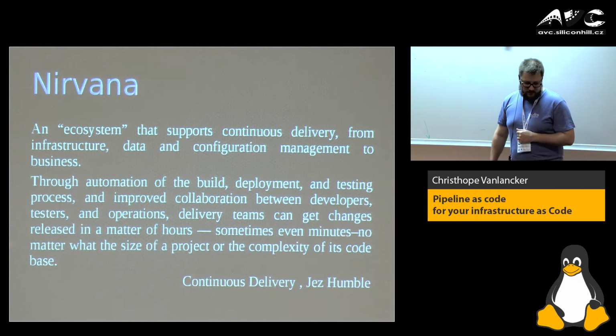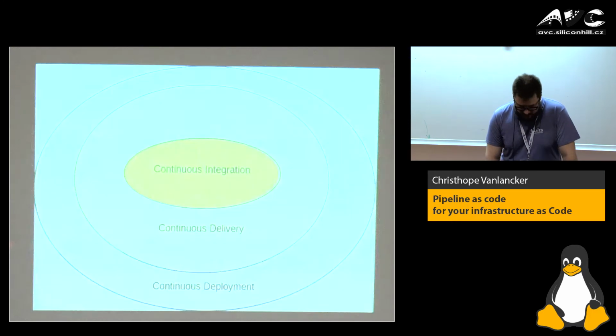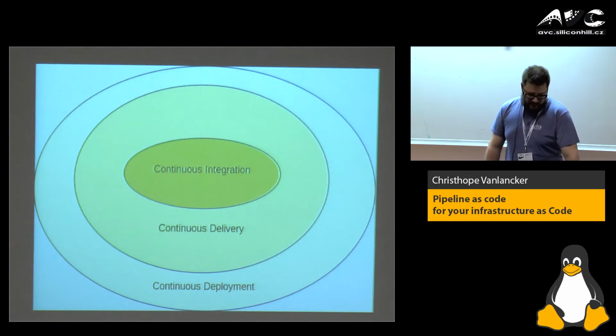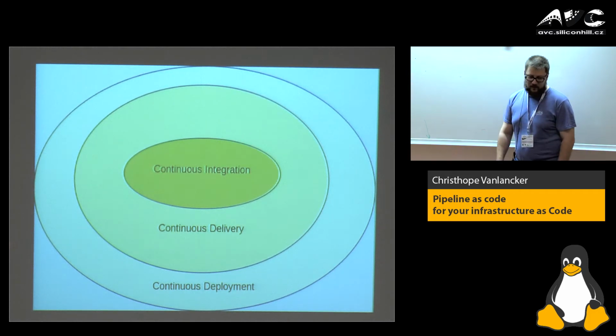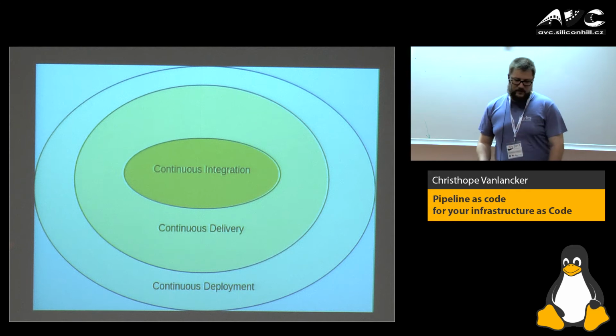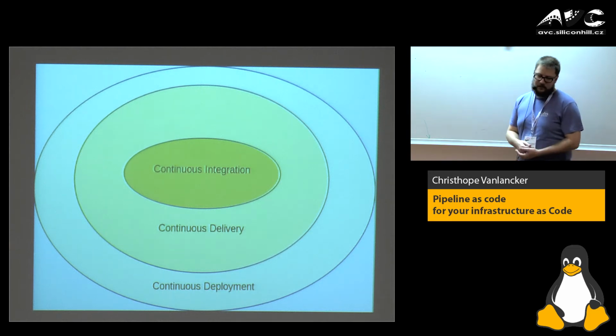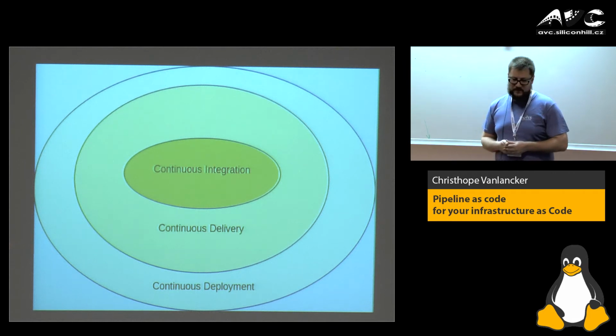So like I said, continuous delivery is very important, but what does it mean? We usually have 3 layers: continuous integration, delivery, and deployment. So what are those? Continuous integration requires developers to integrate code into a shared repository several times a day.